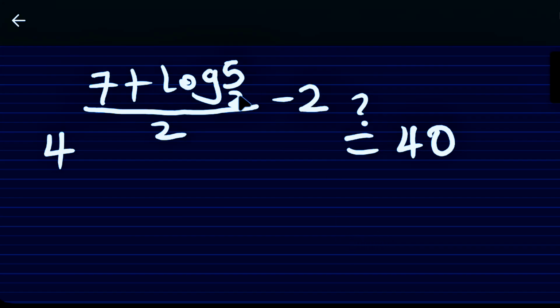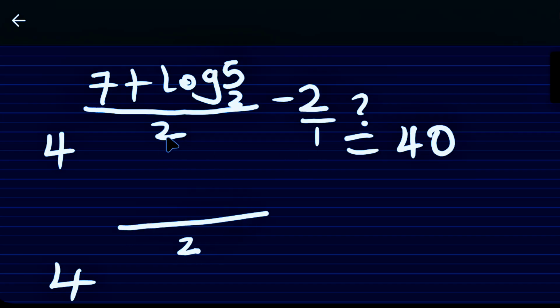Okay, so from here, these two can be divided by 1. So we are going to have 4 exponent. The LCM of 2 and 1 is 2, okay? So 2 divided by 2 is 1. 1 multiplied by this will give us 7 plus log 5 base 2.